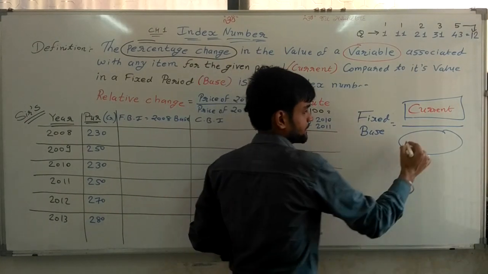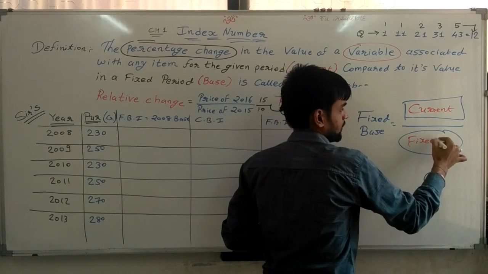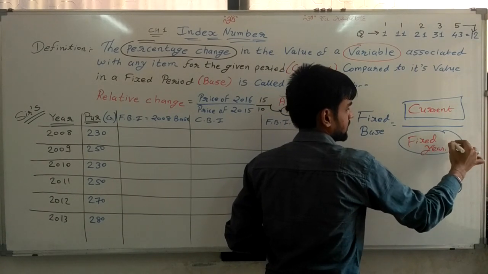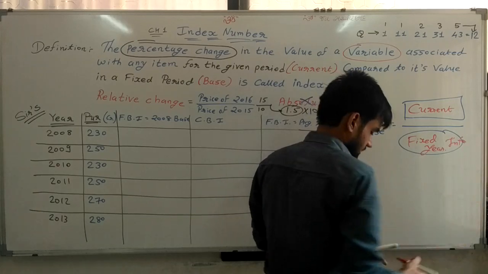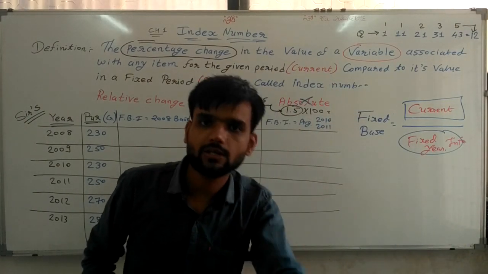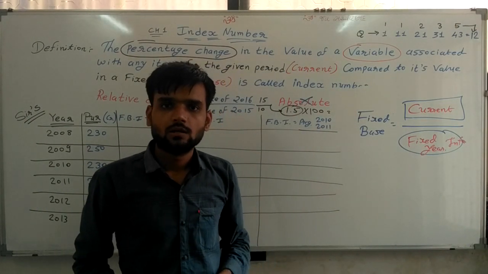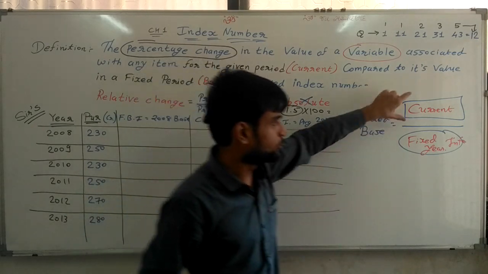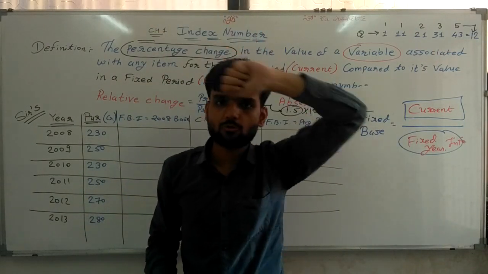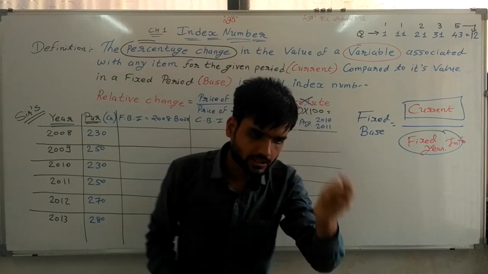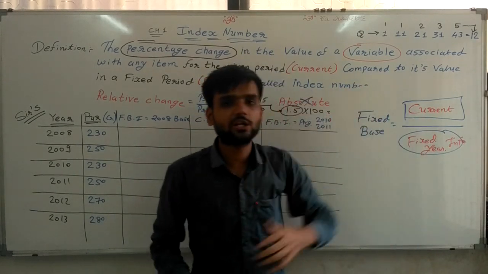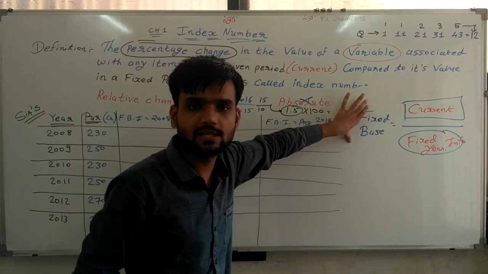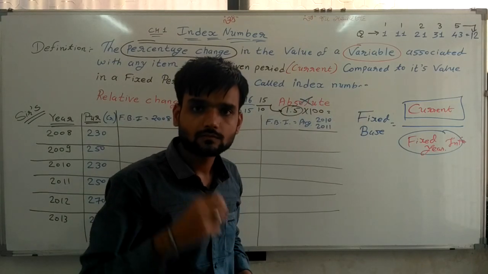It means fixed year information is taken in denominator. So numerator is the current year information, but in denominator the fixed year information is called fixed base in index number.